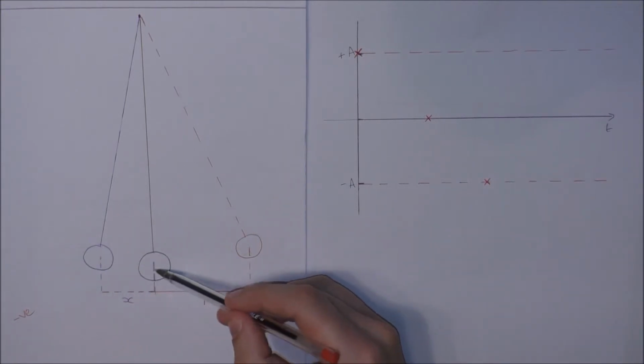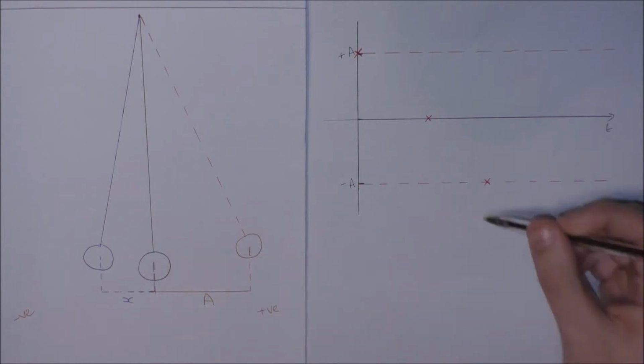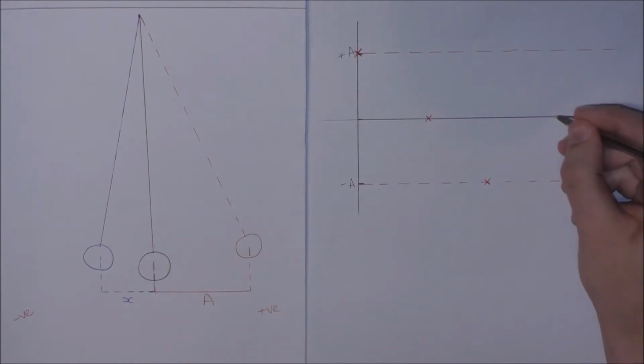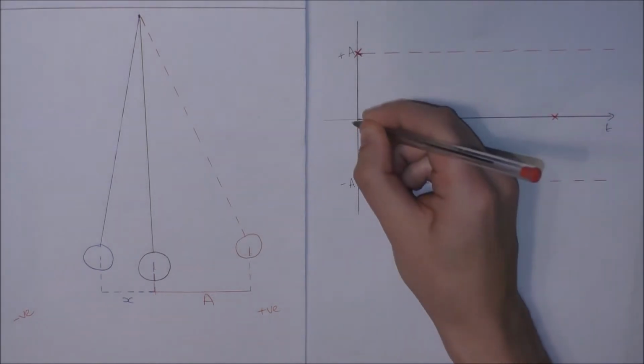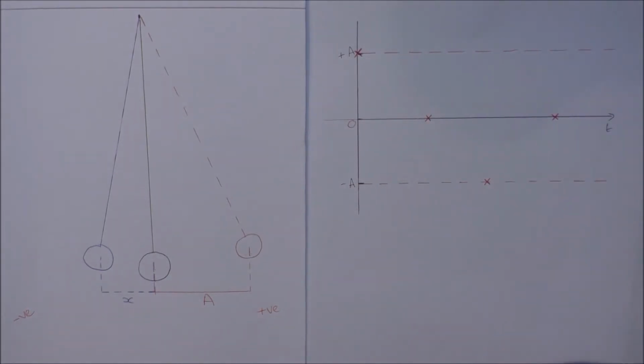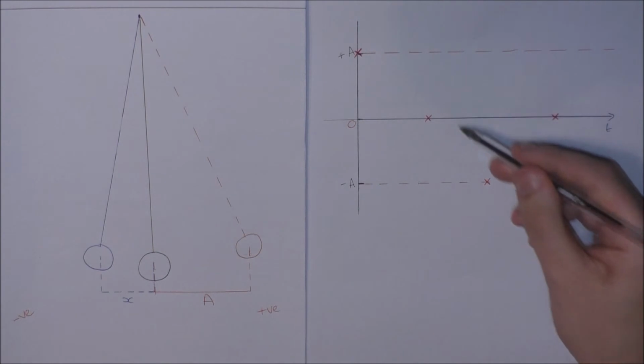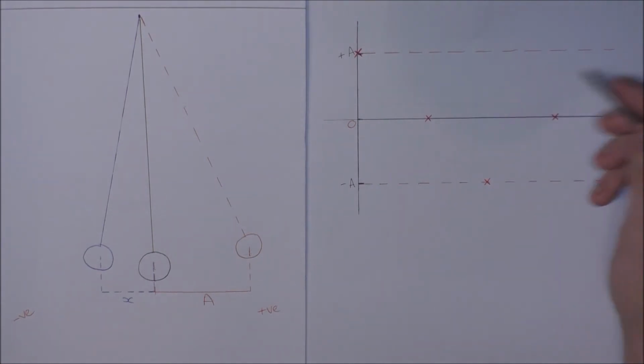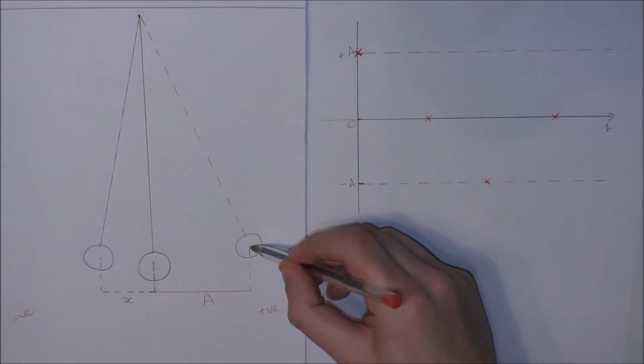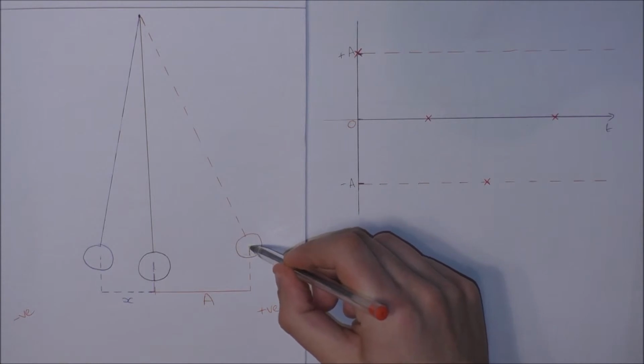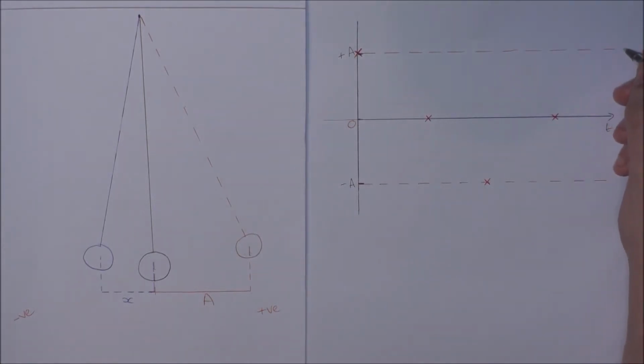After 3/4 of an oscillation, it'll be back at the equilibrium position, so I can put a mark about there, again on 0 displacement. And then after one full oscillation, it'll be back in the positive amplitude position.